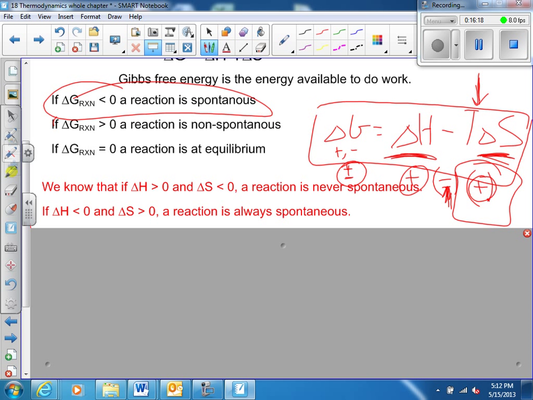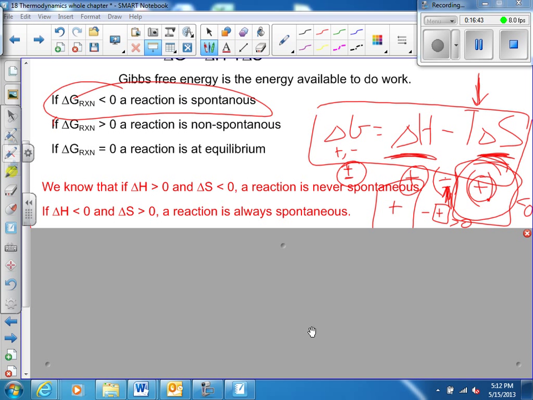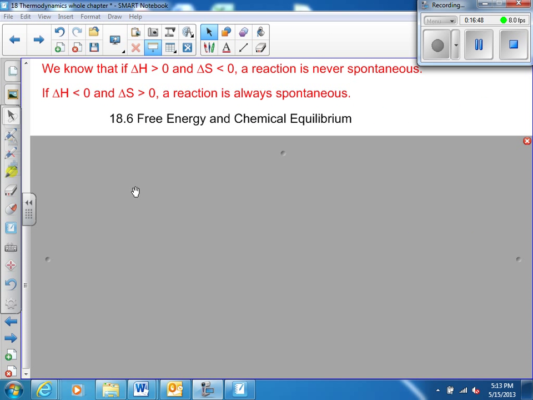If this positive is super big, then a positive minus a big positive would be less than 0. But if we have a big positive minus a little positive, then delta G is greater than 0. So at low temperatures, we'd have a delta G greater than 0. And in those situations, you have to actually think through the situation.